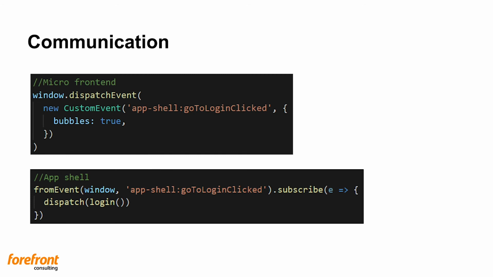A few approaches that we actually didn't want to go with is, for example, to use the mediator pattern. We could have, from the app shell, injected a mediator observable, for example, that everyone could use, like one channel to communicate with. But that would impose some restrictions that we didn't want to go with.